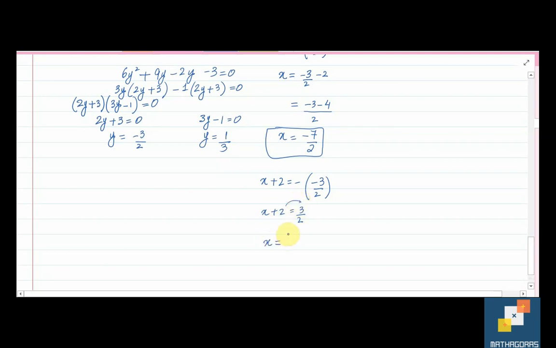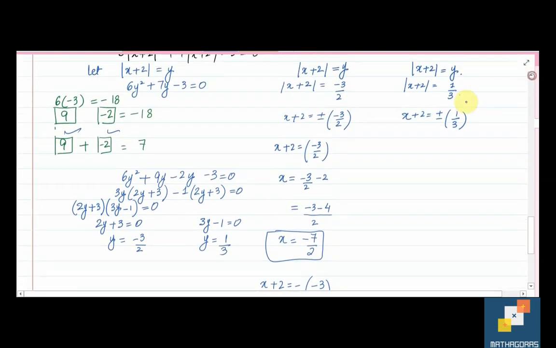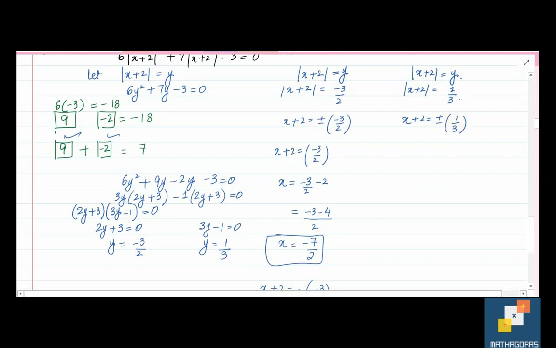X is equals to 3 upon 2 minus 2. The LCM is 2, and 3 minus 4, that means minus 1 upon 2. So that is the second value of x, and now you need to solve this one as well.